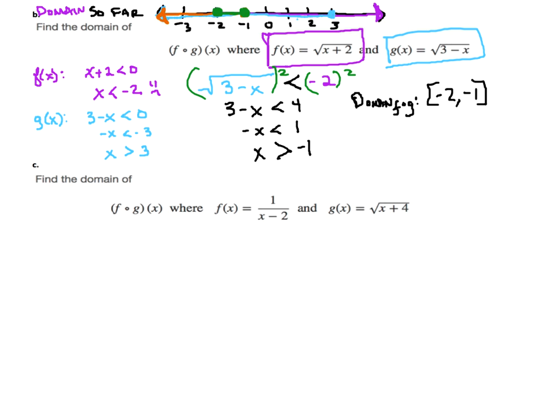Let's just do a test. We'll choose negative 2 and just make sure everything works out okay. I'm not going to color code this just for the sake of time because I'm almost at an hour and I've still got a slide to go after this. So f composed with g is equal to my f of x, which is my shell, so something plus 2 under a square root.